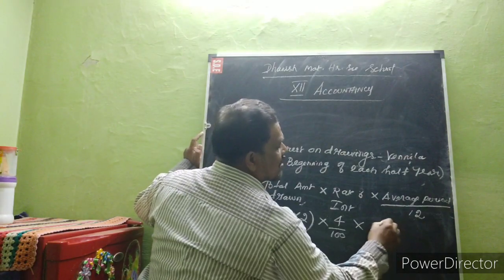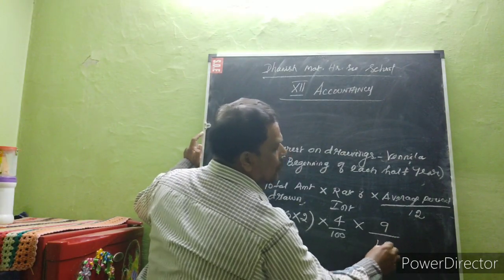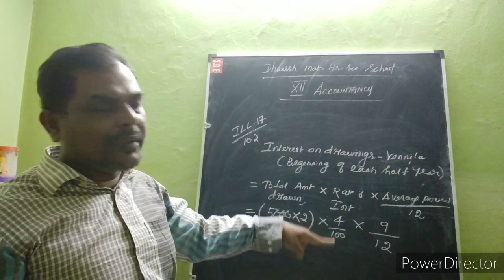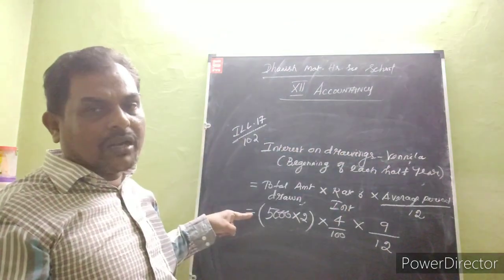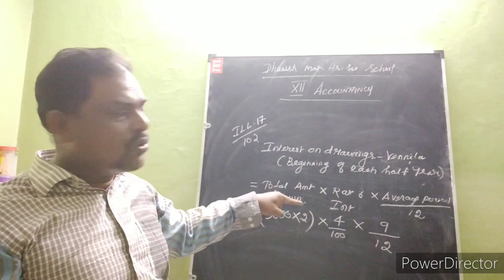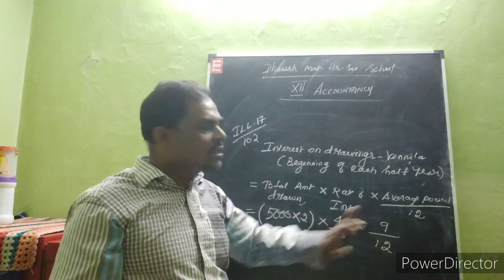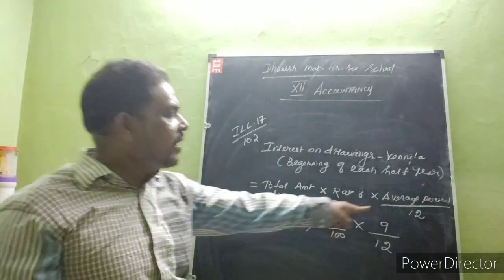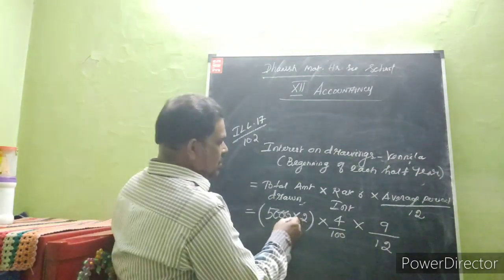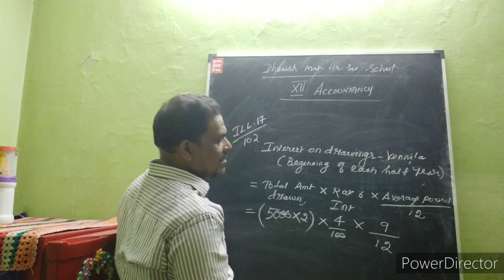So average period is 9 months. Please see the average period box in the tabular column that I have taught you. Based on the tabular column, beginning of each half year shows 9 months average period divided by 12. Okay, now this 20 will be cancelled.